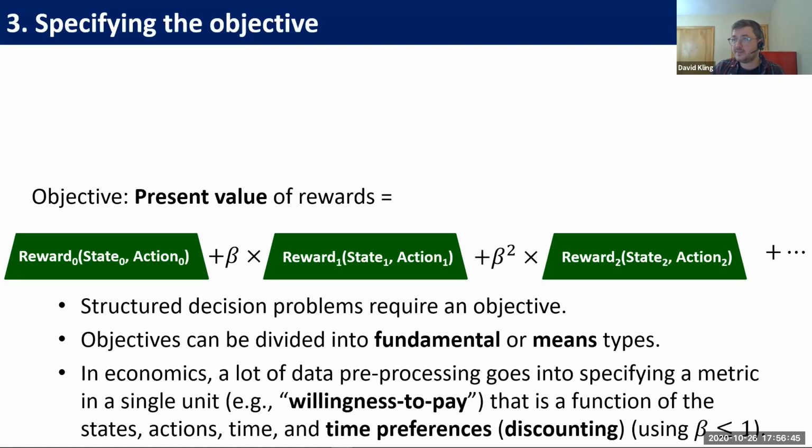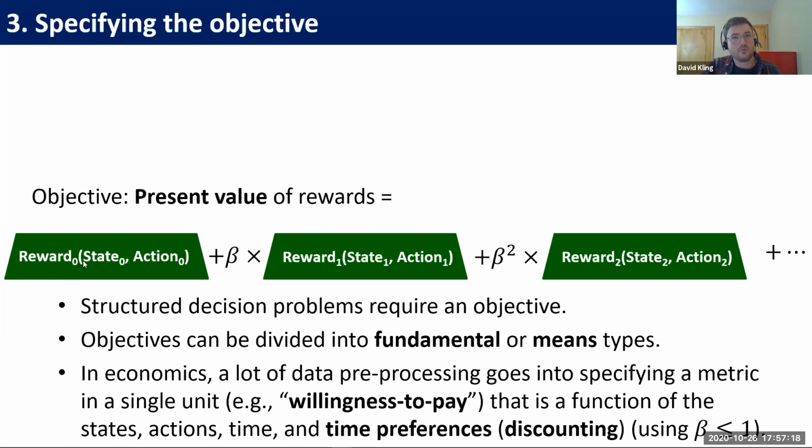And economists tend to do this as follows, and there's a lot of variation, but the basic story is we tend to try to measure the present value of rewards. And so this is not just an economic exercise. What I'm focusing on to get started here is the notion of a reward that is maybe time dated and in general depends on the current value of the state variables and the current action.